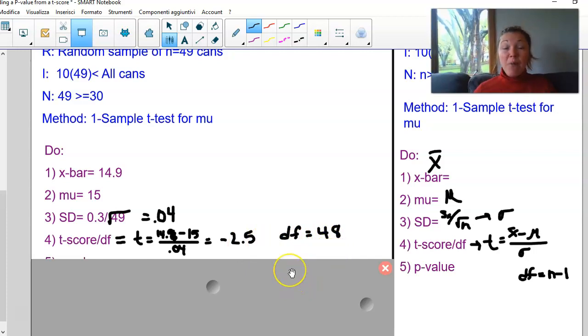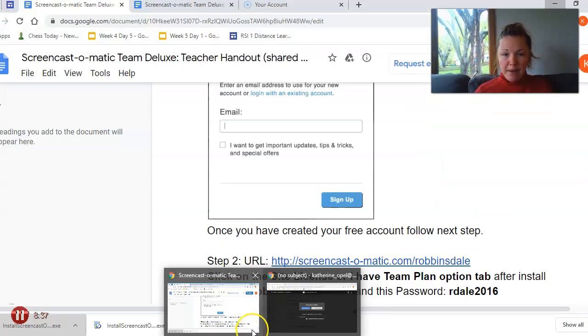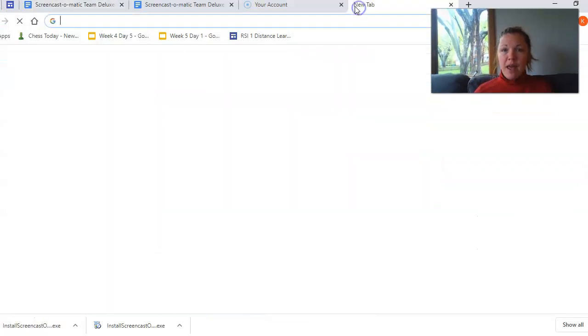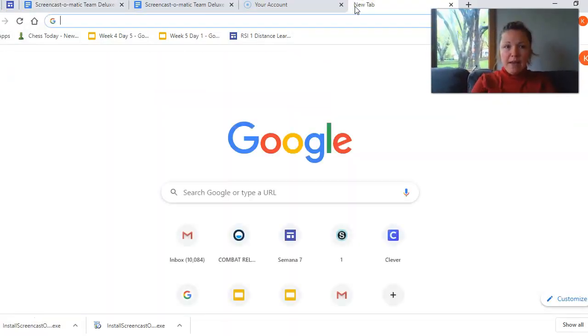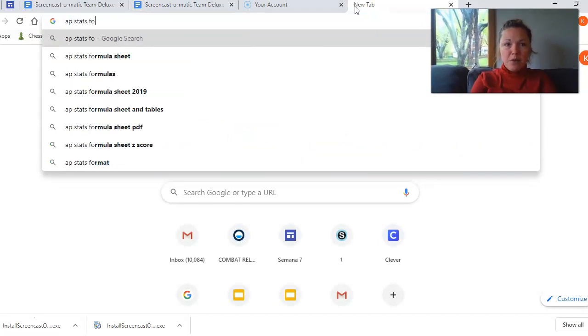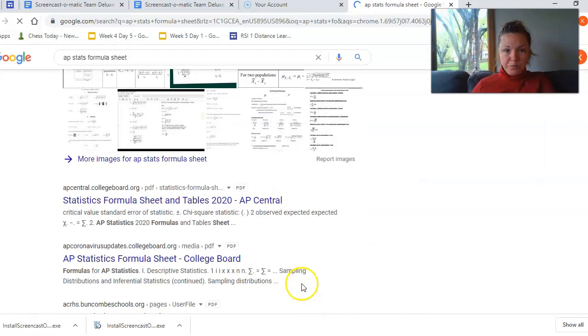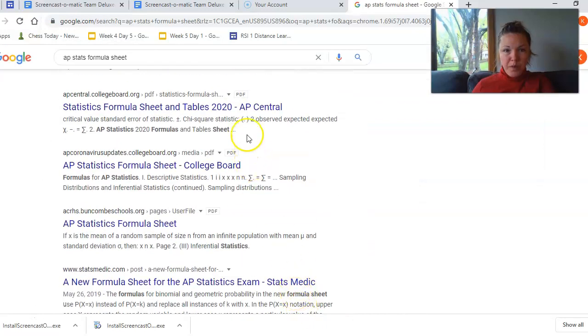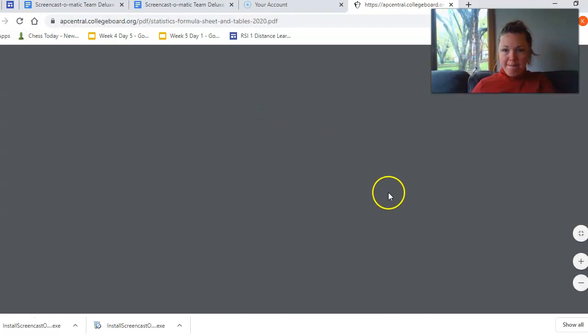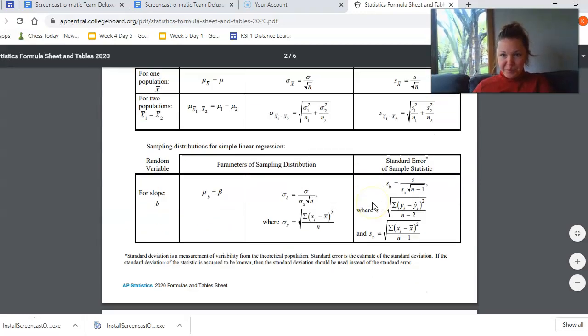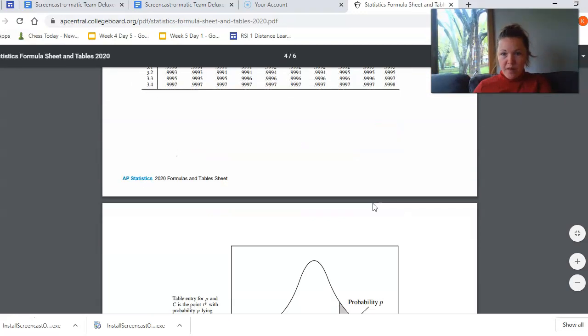Okay, now we're going to practice what we learned yesterday to find that p-value. I do need to pull it up right now because I don't have it. Give me a second. AP Stats, formula sheets. Here we go. And here we go.